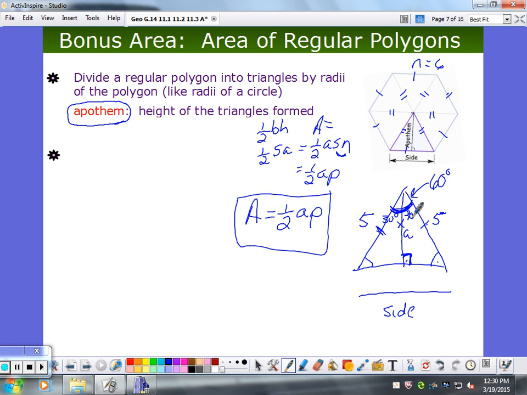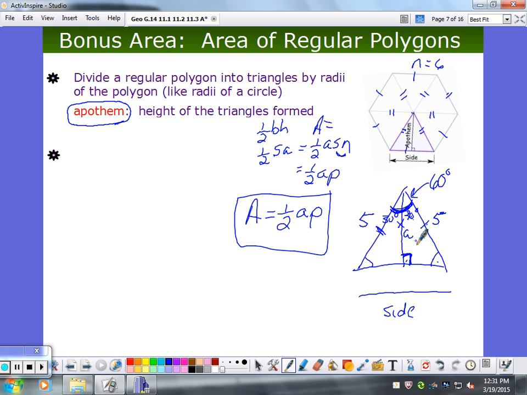So if I know an angle and I know a side, this case is a 30, 60, 90, which is true. Let's pretend we don't know anything special about 30, 60, 90s, only because they're not always that nice little triangles. What's another way to find the side? Yeah, trigonometry ratios.